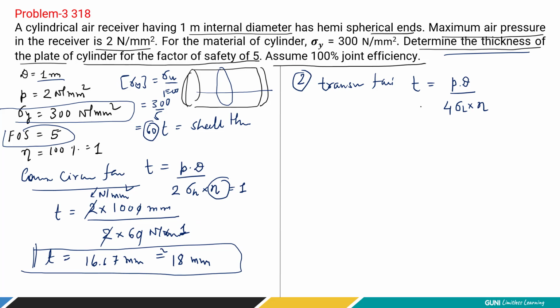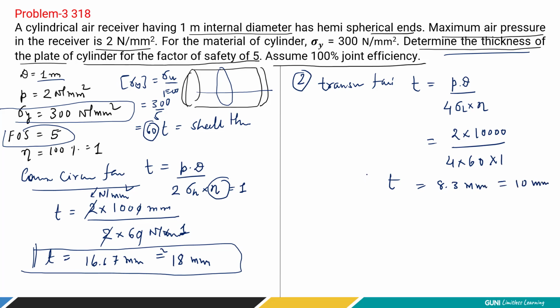So let's take the value of pressure 2, diameter 1000, 4 times 60 and 1. Again you can see it's half of the previous case. So the shell thickness comes out to be 8.3 millimeters. So we can take it as equal to 10 millimeters.